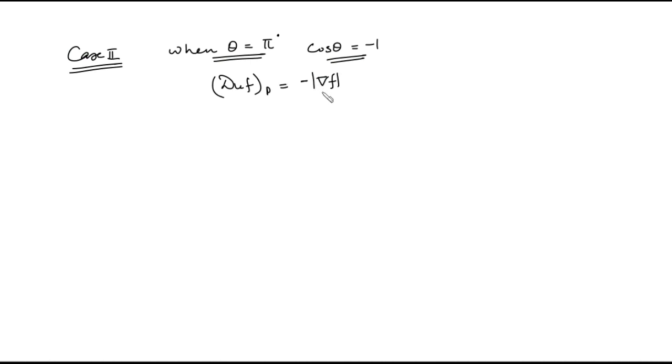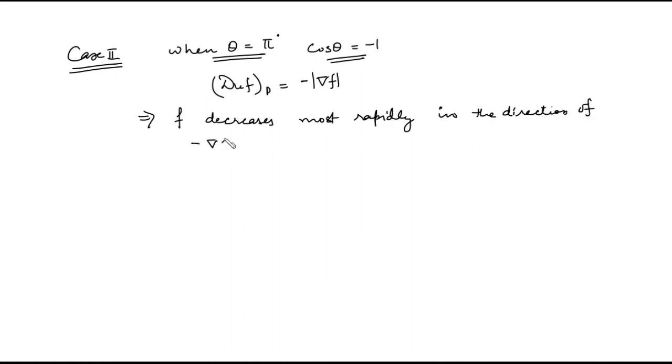So this value will be minimum, because cos theta is minimum when theta is pi and its minimum value will be -1. So this implies that f decreases most rapidly in the direction of minus of del f, means in the direction opposite to the direction of the gradient.